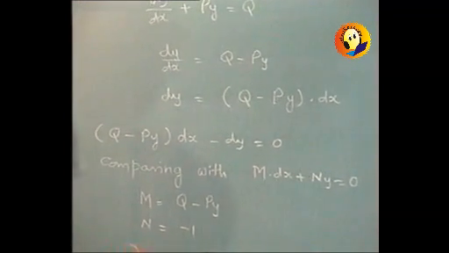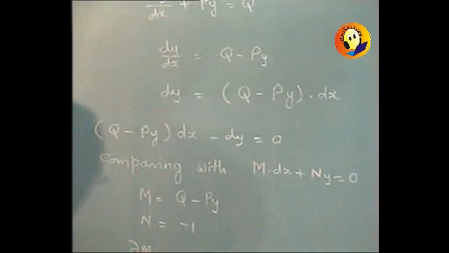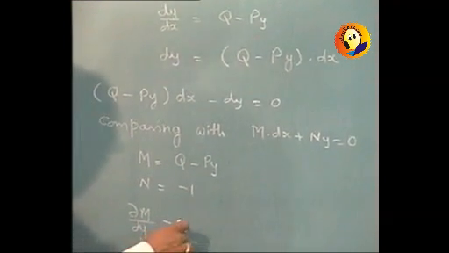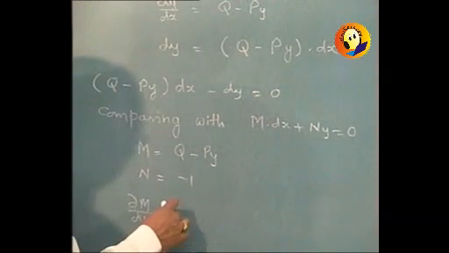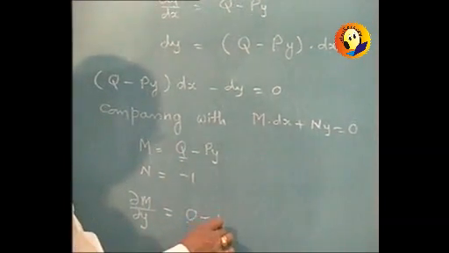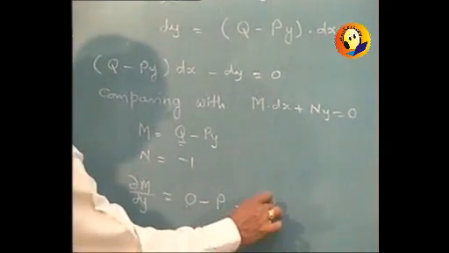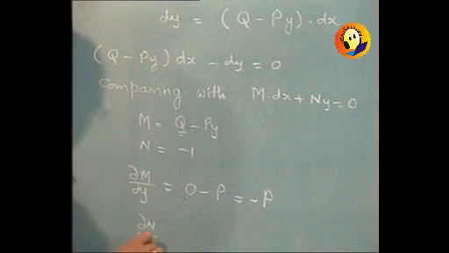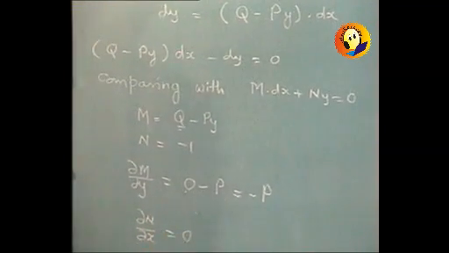So dou m by dou y comes out to be, as you are differentiating with respect to y, differentiation of q will be 0 minus p. So dou m by dou y comes out to be minus p, whereas dou n by dou x will be straight away 0.